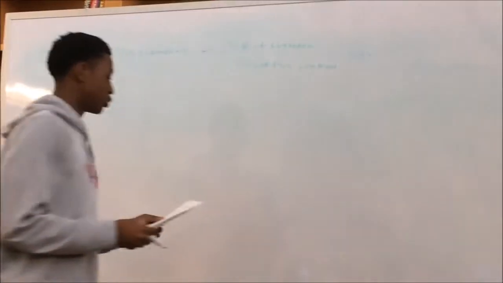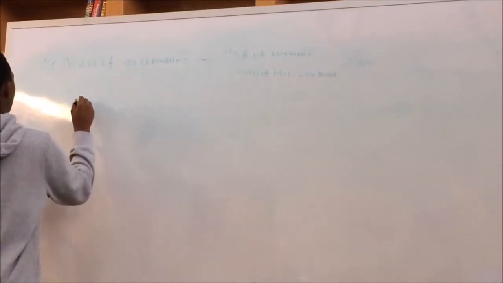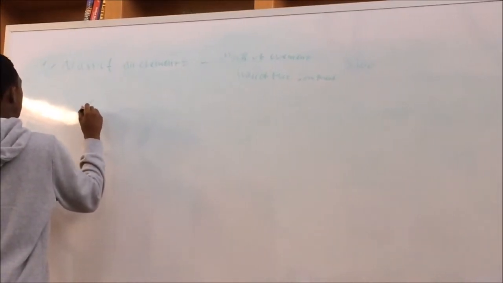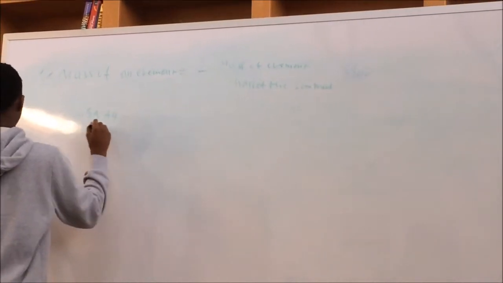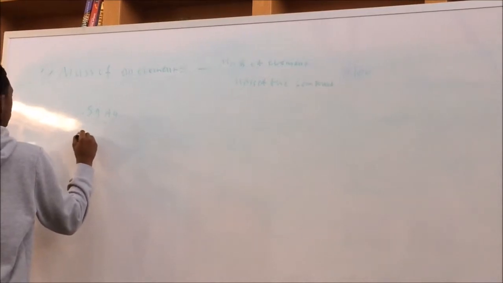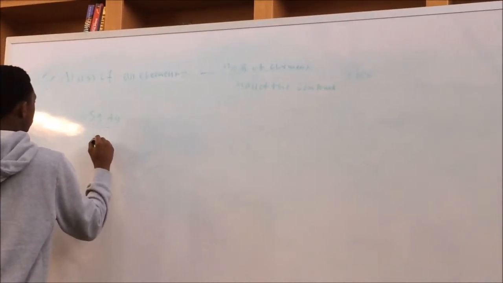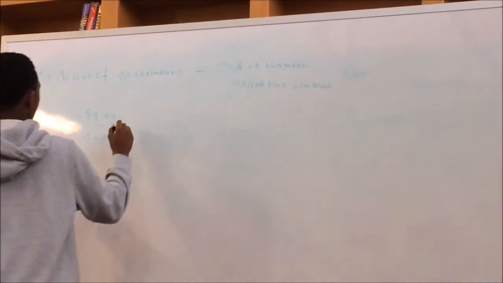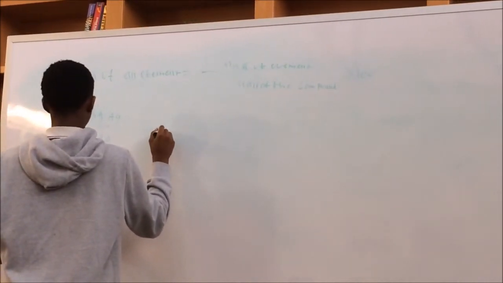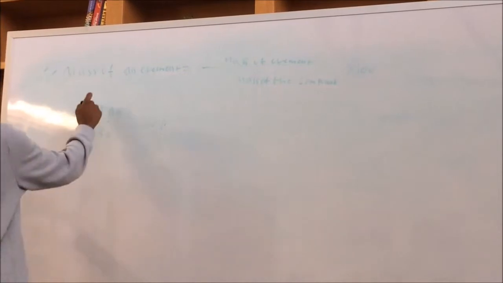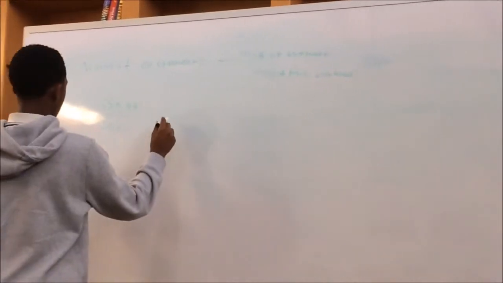So as an example, you could use 0.5 times 100%. Then you divide these two, and then you multiply by 100.